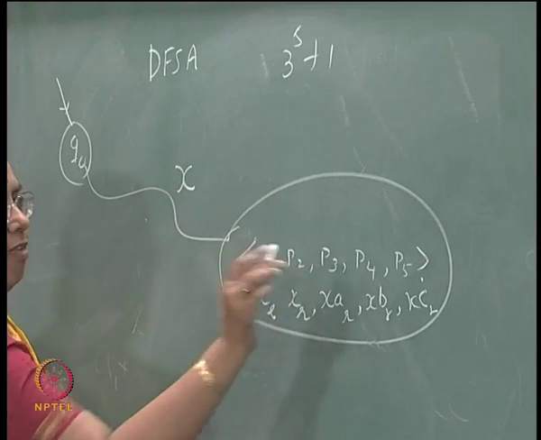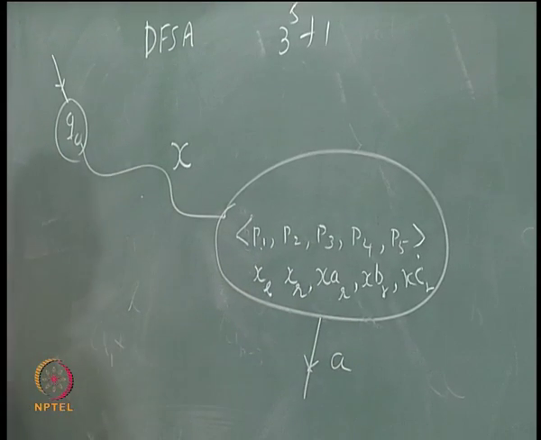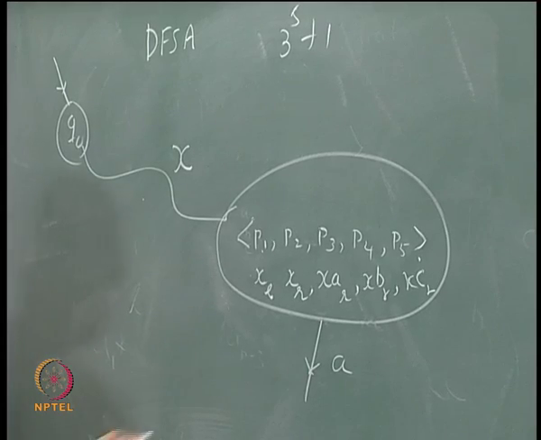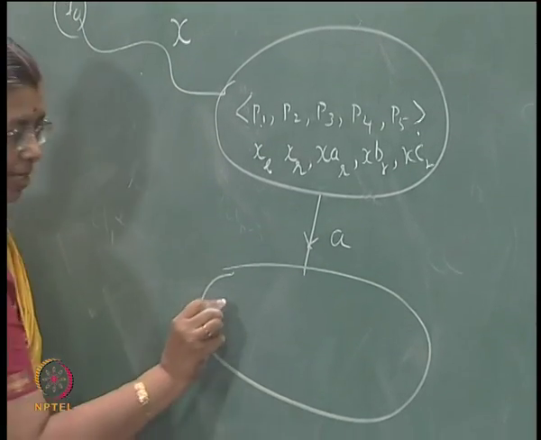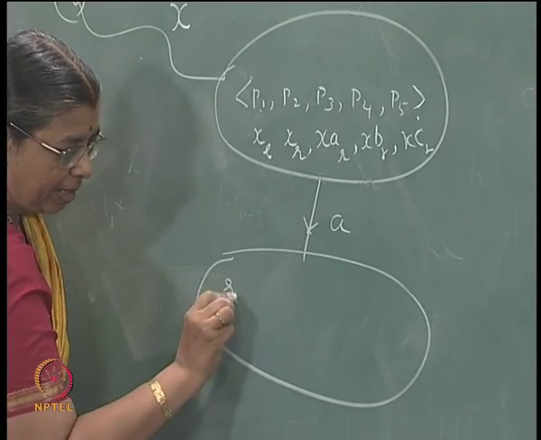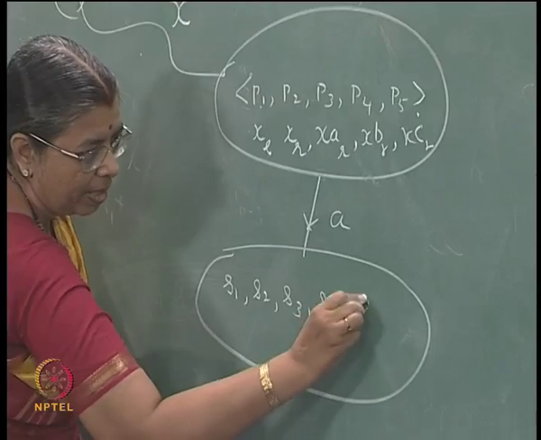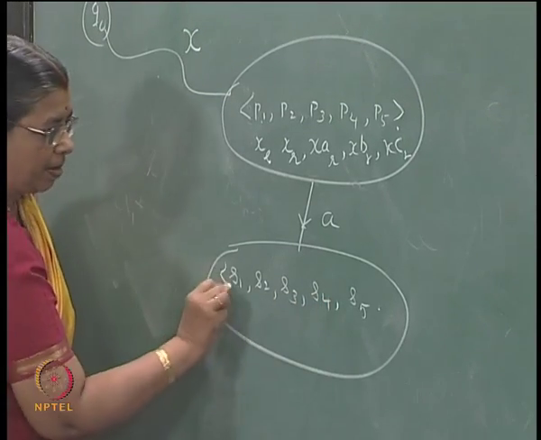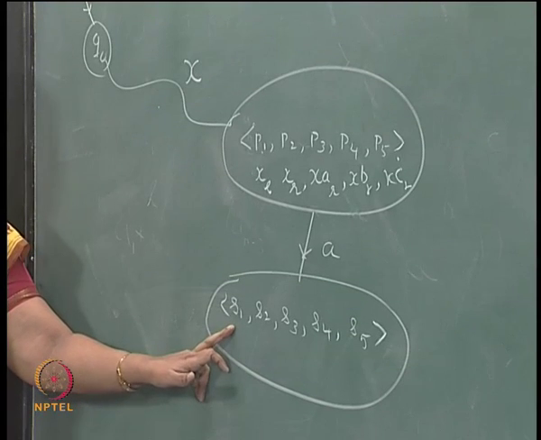So, after that, how do you define the moves? If you have a 5 tuple like this, if you read A, you will go to another state, say S1, S2, S3, S4, S5. Now, what is S1?